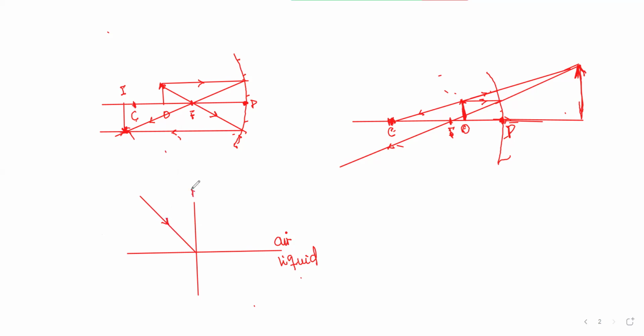So if this is the normal, this is 52. Once it is moving from air to liquid, it will bend towards the normal.